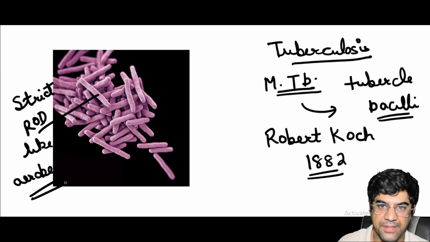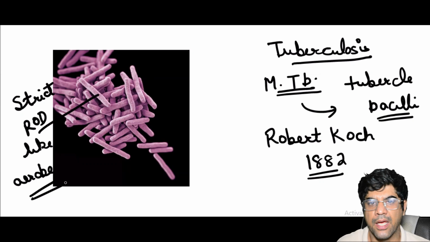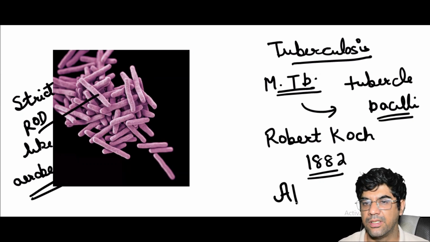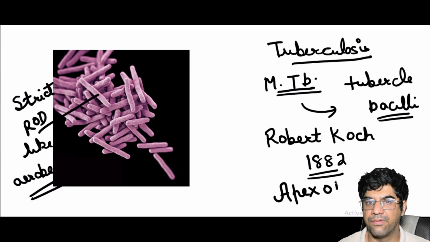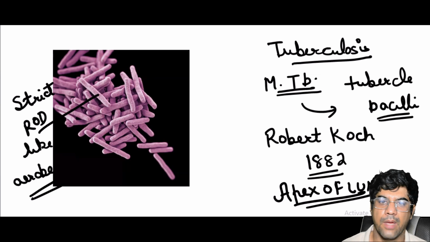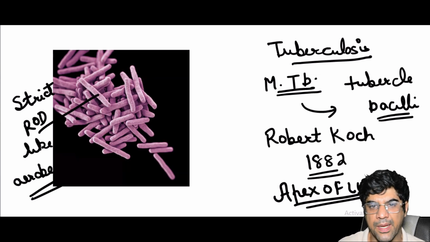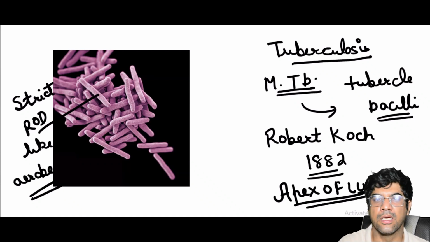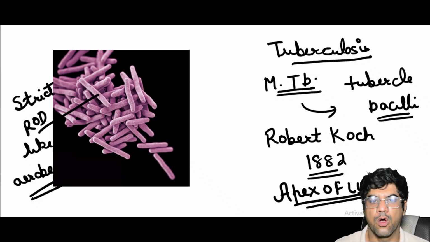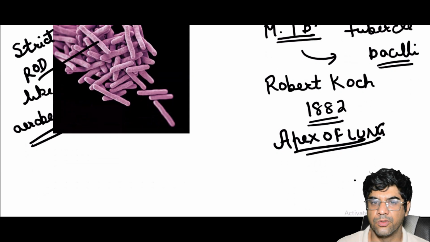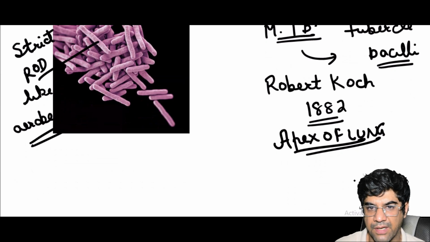It survives best in the area of the body with higher oxygen level, such as the apex of lung. Now, why does M. tuberculosis thrive in the apex of lung? Since the apex of the lung, remember, has higher oxygen level, that is why the bacteria prefers the apex of lung for its survival.